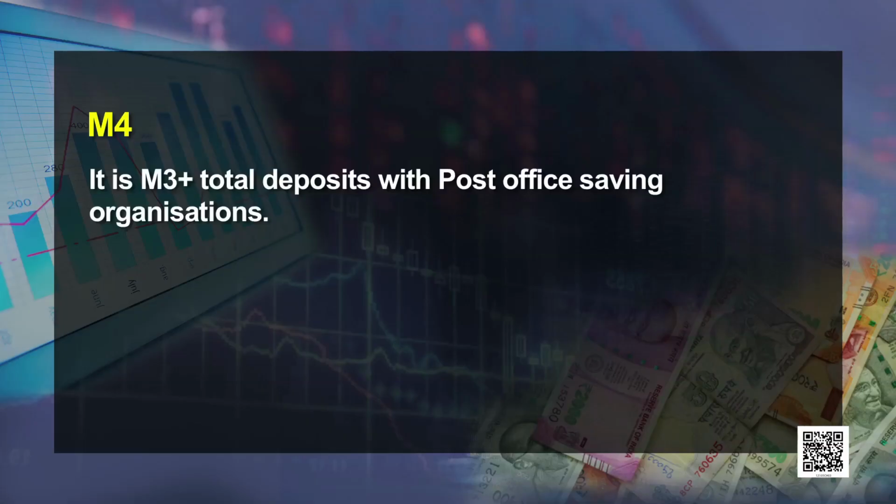Let's move on to M4, the last component of money supply. It is M3 plus total deposits with Post Office Savings Organization. M4 includes M3, which we have already discussed. It also includes total deposits with Post Office Savings Organization. Now, what do you mean by total deposits? When people started depositing their money with post offices, there were 2 schemes.